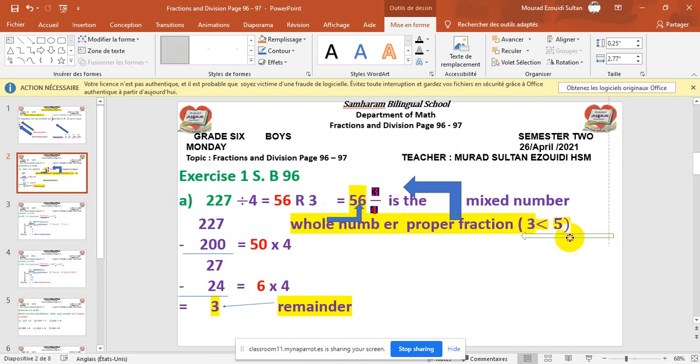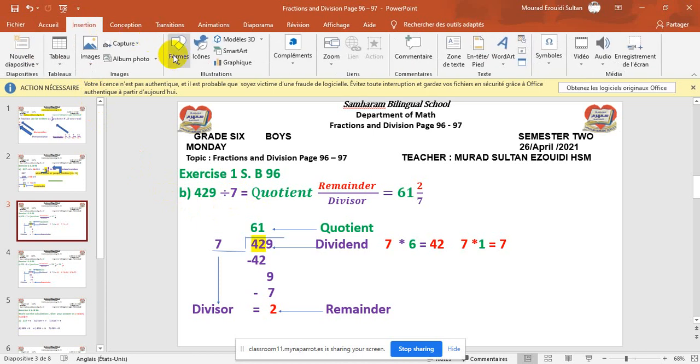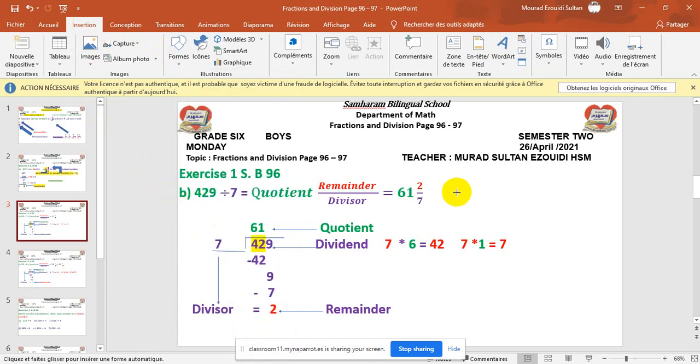But this one is a proper fraction simply because the numerator is less than the denominator. Clear? Okay. The next part, next question. Now small b, you will try to divide 429 by 7. Let's do it.